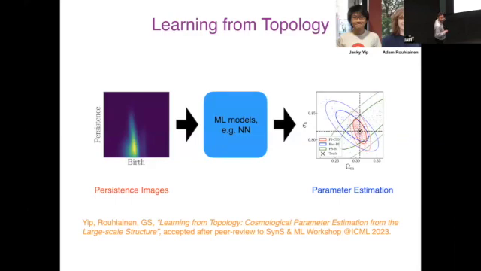They can be generated by simulations. They don't need to be of very high quality, high resolution, because as you can see, most of the statistics come from the 10 megaparsec scale. So you could feed these persistent images to simple machine learning models, such as a neural network, and try to see whether you can infer cosmological parameters from them.